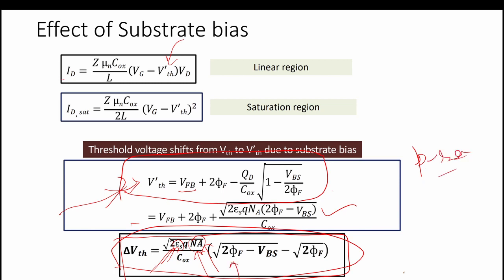And this phi f is the gap between the intrinsic Fermi level and the Fermi level; this is twice phi f. Then this is the body voltage that we apply at the body, minus 2 phi f. If we apply zero body voltage, VBS is equal to 0 and delta Vth is equal to 0.